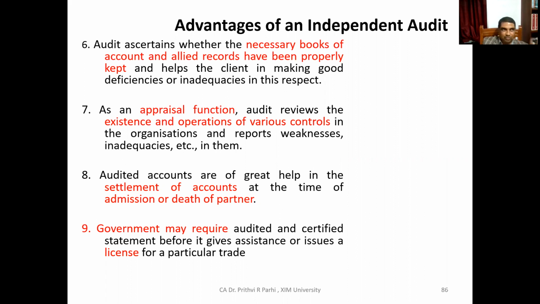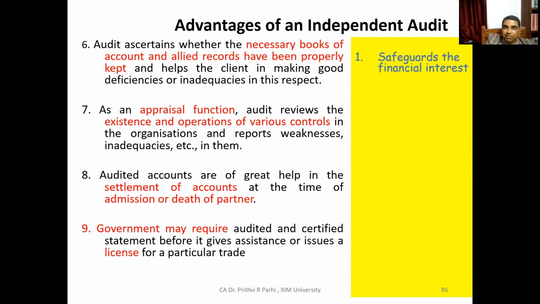So these are the nine points we discussed, which talk about various advantages of an independent audit. If I list them out, this is the list. First of all, the chief benefit is definitely the reliability of the financial statements. In addition, it safeguards the financial interests of the people who are not involved in the management.